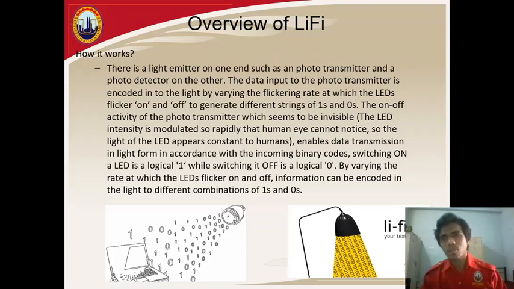This concept was coined by Harold Haas, using an LED as our transmitter that will transmit data through light. We know that LED can change its brightness within the time cycle by its percentage, by the duty cycle.